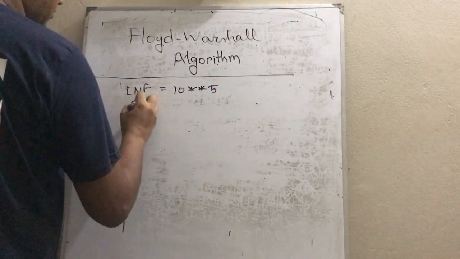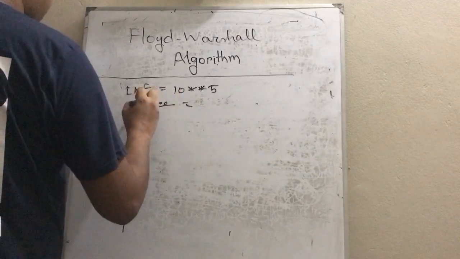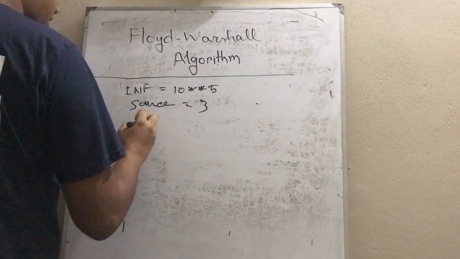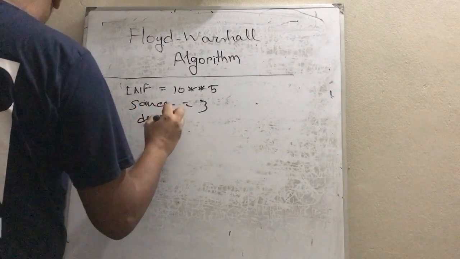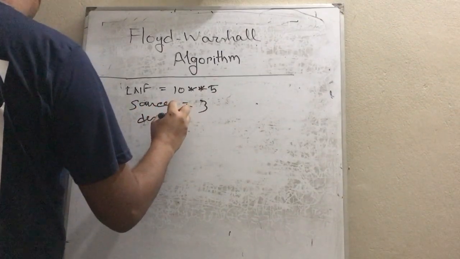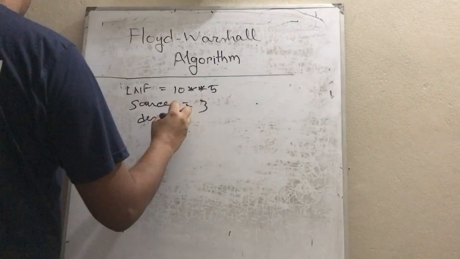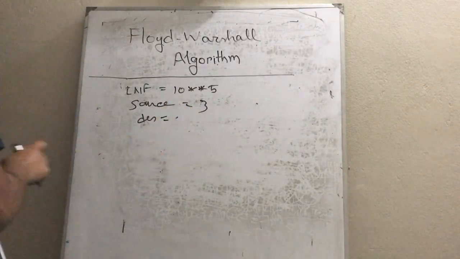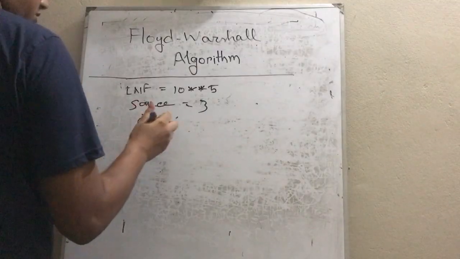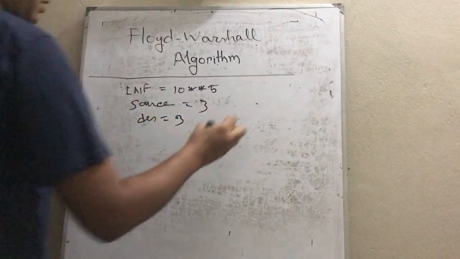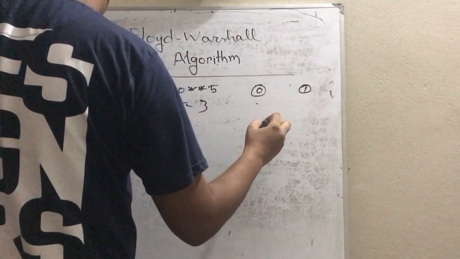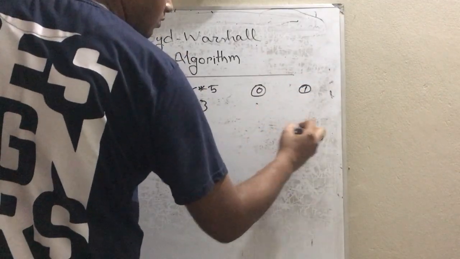Source equal G, destination equal, and this is our graph, 0 1 2 3.